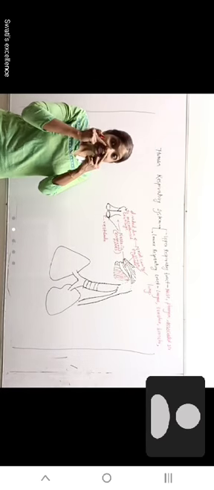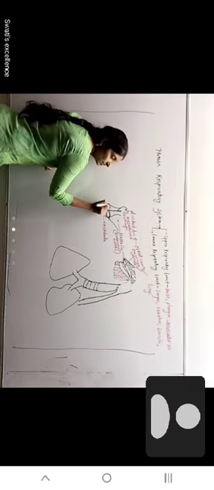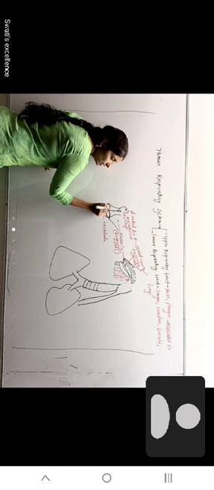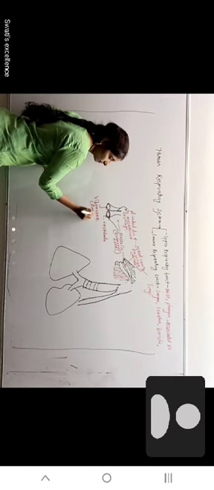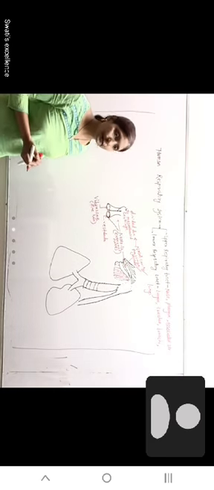So this vestibule part is internally lined with fine hair that are called vibrissae. What are they called? Vibrissae. Any doubts? Okay.